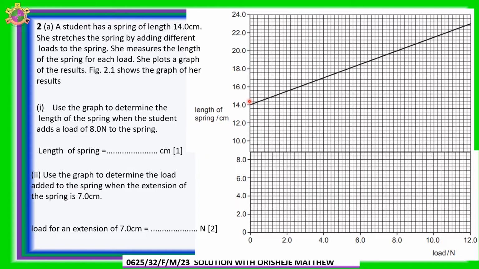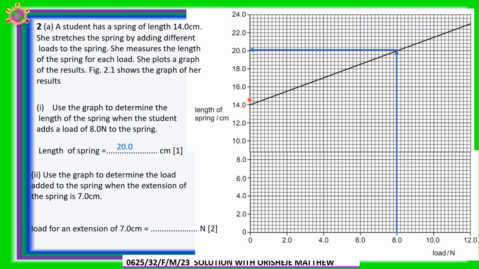Then using the graph, determine the length of the spring when the student adds a load of 8 Newton to it. So from 8 Newton, trace the line until it meets the straight line graph. Then trace it to the vertical axis to know the length.